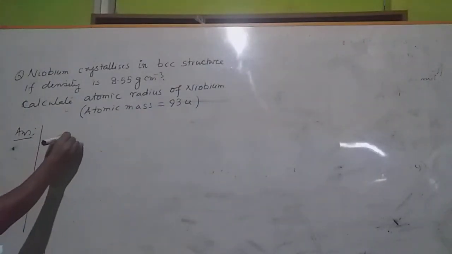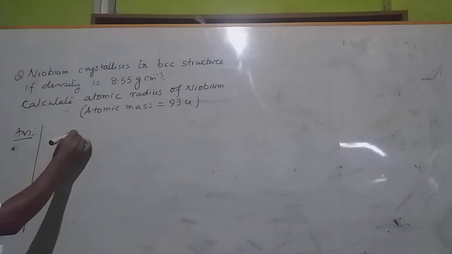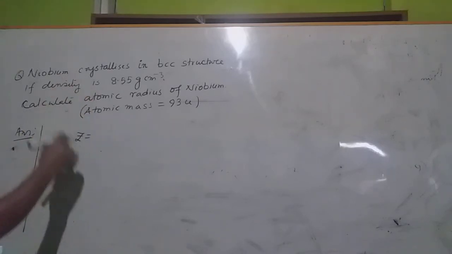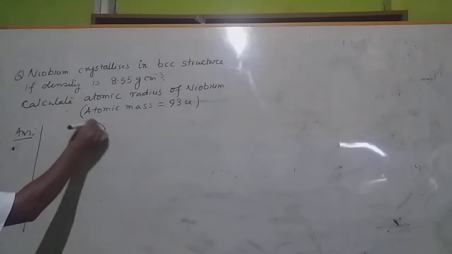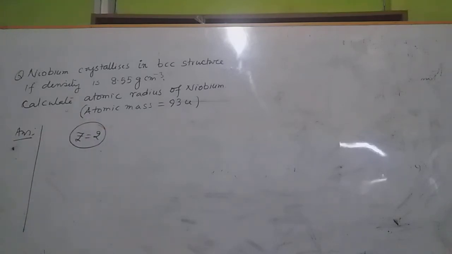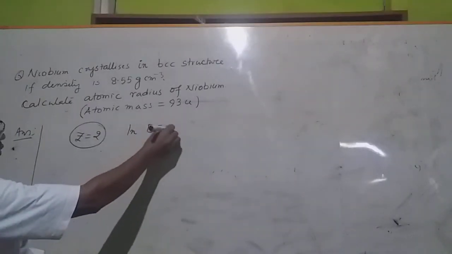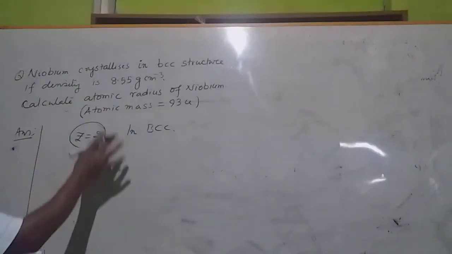When we are talking about the BCC, I think you remember the number of atoms per unit cell, that is Z. What is the Z value? That is 2. Number 1, you remember it. Number 2, in BCC, one is density is given.